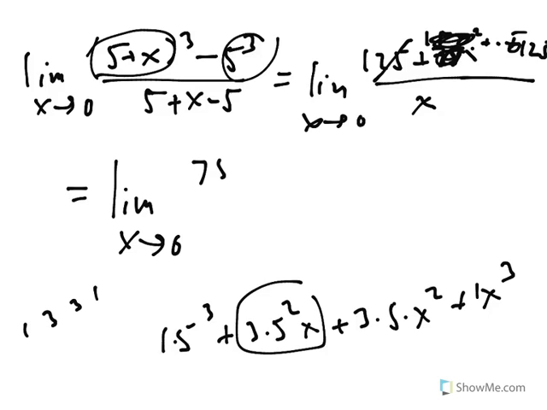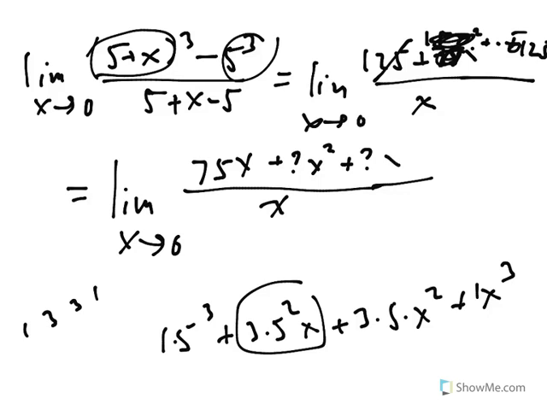So I'd have the 75x, this x is in the denominator, and there would be other stuff. And it actually doesn't matter that much about the coefficients because when you split this thing up, when you take each piece of the numerator and split it up, you get 75x over x plus whatever x squared over x.